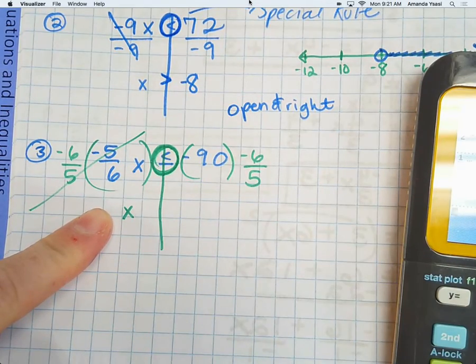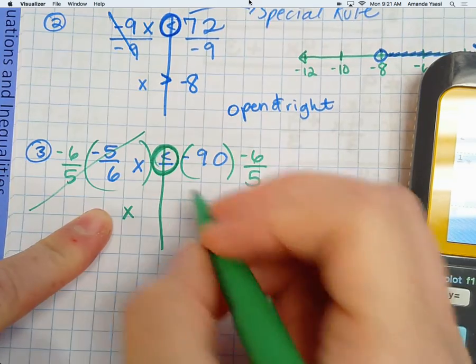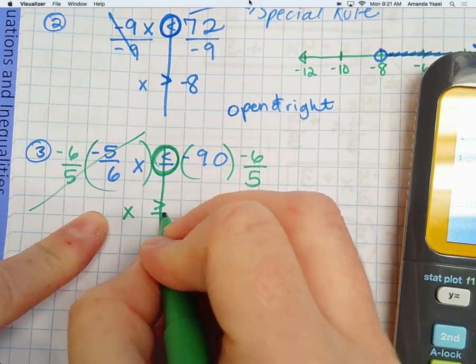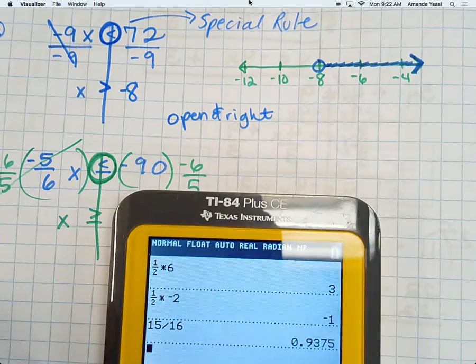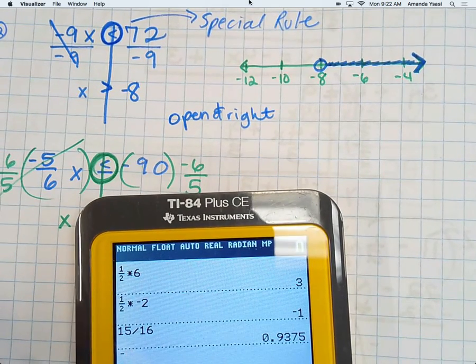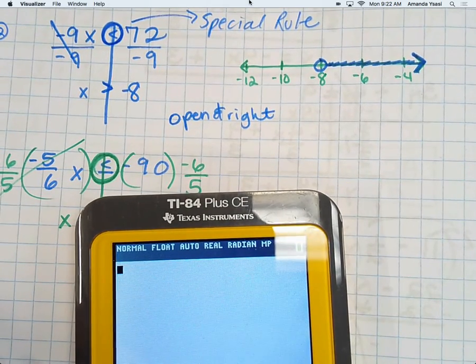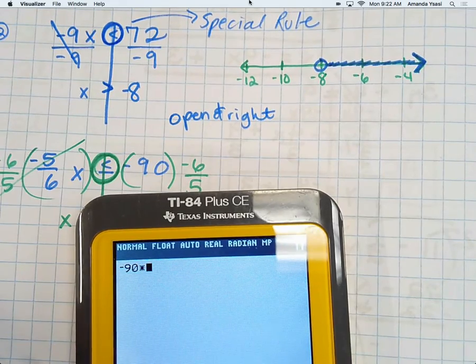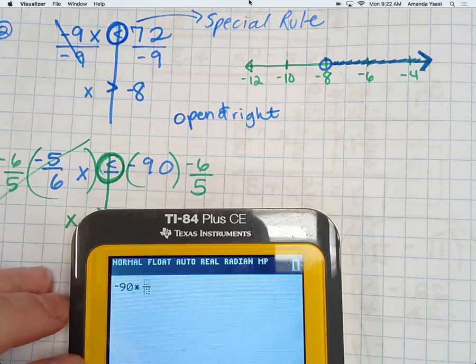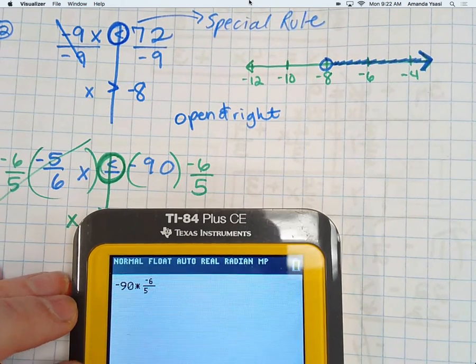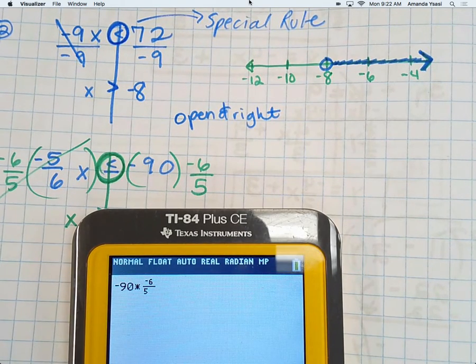Less than or equal to becomes greater than or equal to. Then we need to multiply negative 90 times -6/5. Do that in your calculator or on your Chromebook.